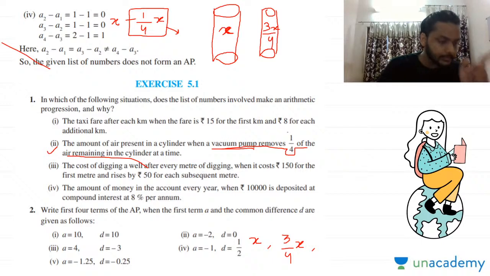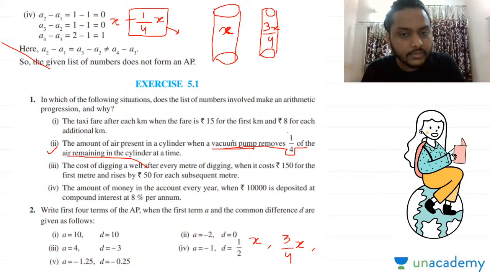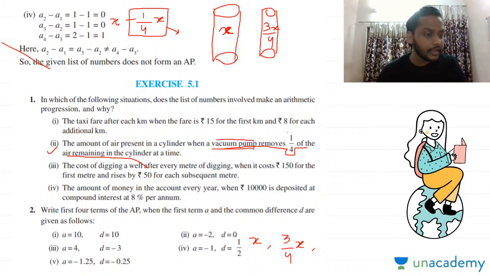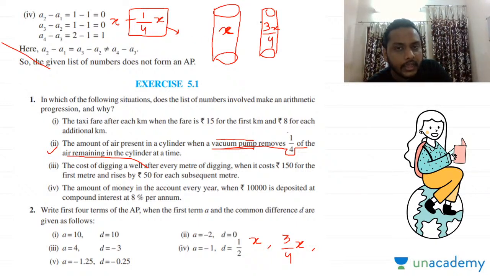After removing x/4 amount of air, now the remaining amount of air is 3x/4. अब क्या होगा, वापस से when you will be using this vacuum pump, the vacuum pump will again remove 1/4 of the remaining air, which means 1/4 of this 3x/4. अगर मैं 3x/4 का 1/4 निकालूं so that will be 1/4 into 3x/4, am I clear?